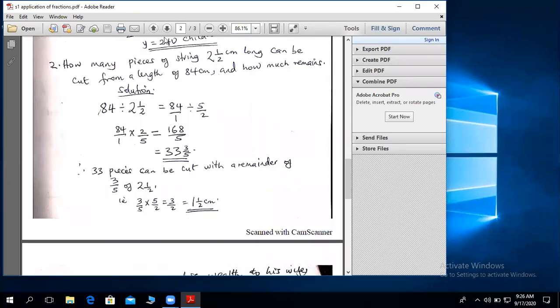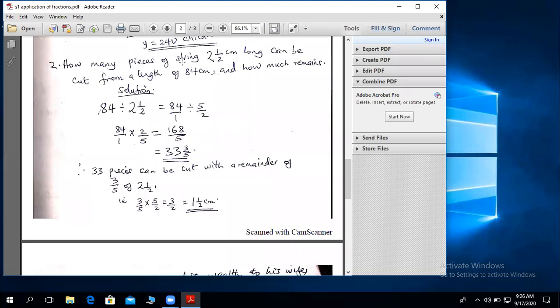How many pieces of string 2.5 centimeters can be cut from a length of 84 centimeters, and how much remains? So you have a string which is long, which is 84 centimeters long.